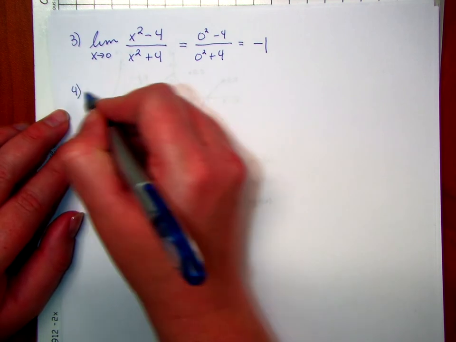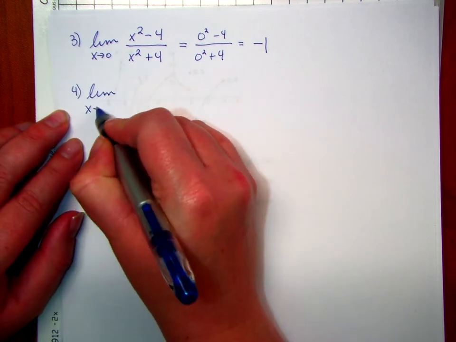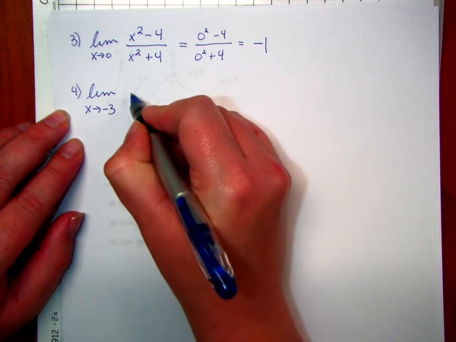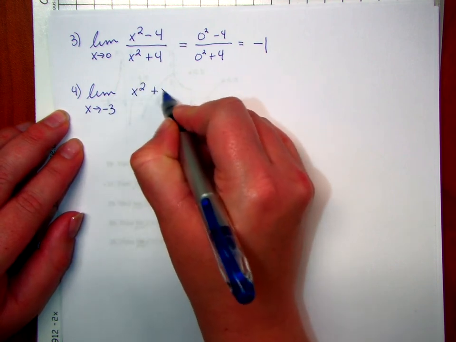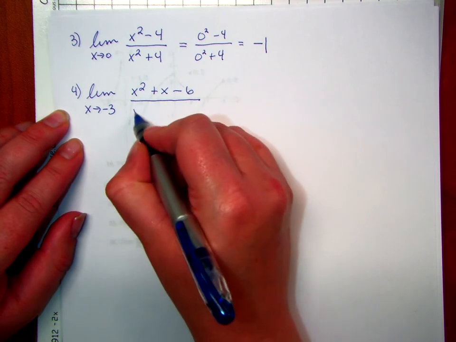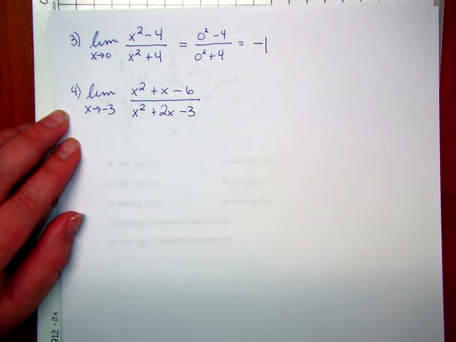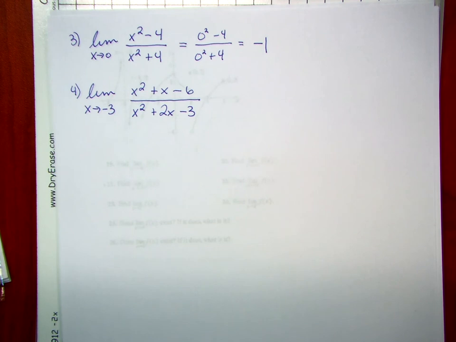Let's look at this one. The limit as x approaches negative 3 of x squared plus x minus 6 divided by x squared plus 2x minus 3.